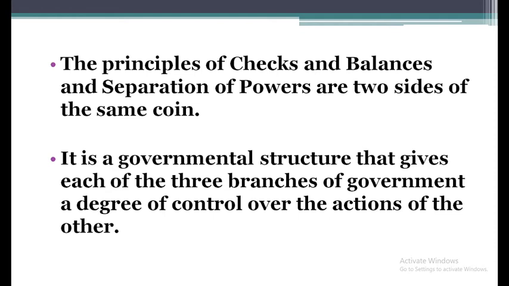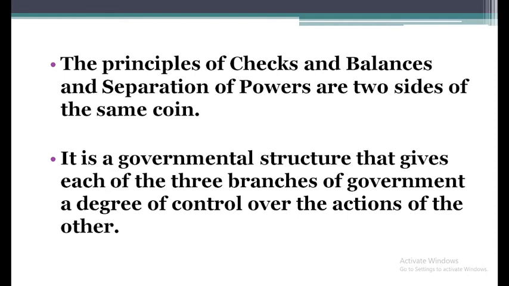Now, the next point is, these checks and balances are a governmental structure that gives each of the three branches of government a degree of control over the actions of the other. In other words, this principle of checks and balances allows one branch of the government to limit the power of another. They balance each other from becoming too powerful.